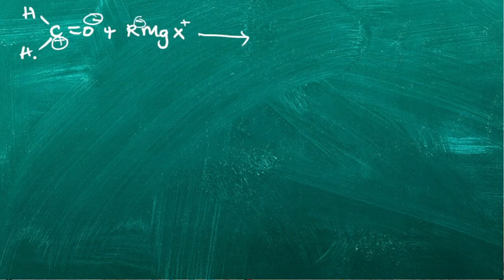Like this you will be getting the formation: C plus, R minus, MgX plus, O minus. Now the positive and negative will get attached. The double bond will be broken first. So CHH will be as it is. Since C is positive, R will directly get attached to the C. To the O, MgX will get attached.